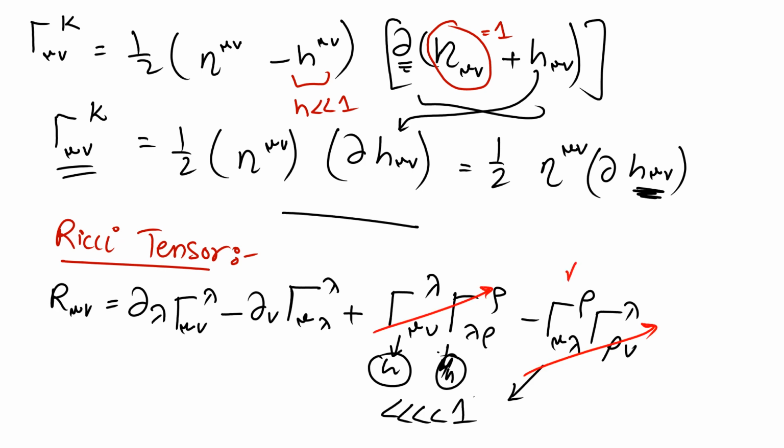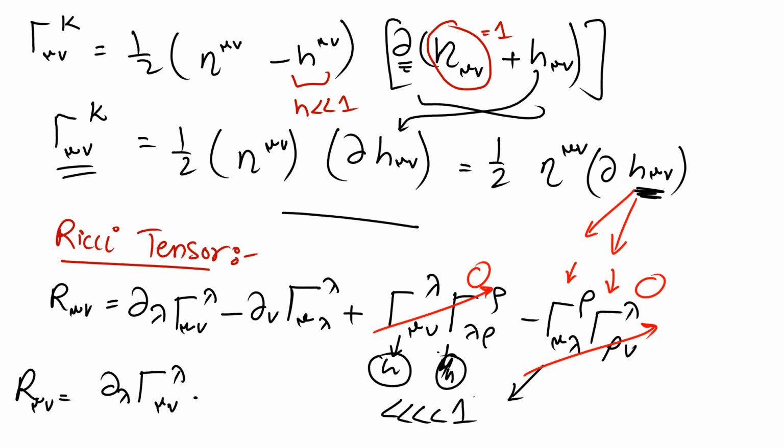Why? Because this is one derivative, this is the second derivative of this h, which is already really small. So there is no point in taking this term and this term. That's why we ignore these two terms, and the remaining terms are only the first two, which I will write here for clarity: partial lambda gamma lambda mu nu minus partial nu gamma lambda mu lambda.